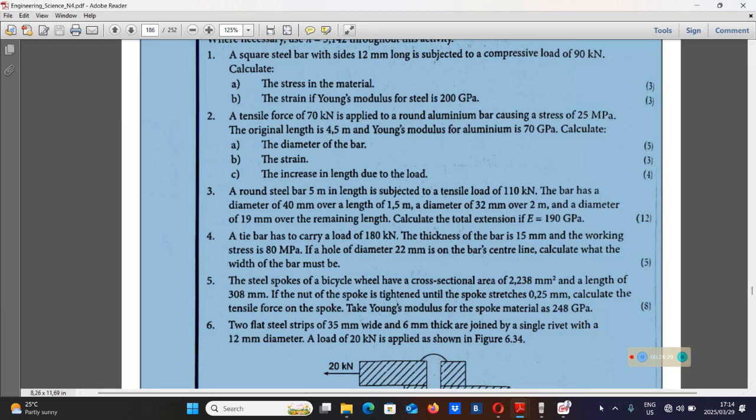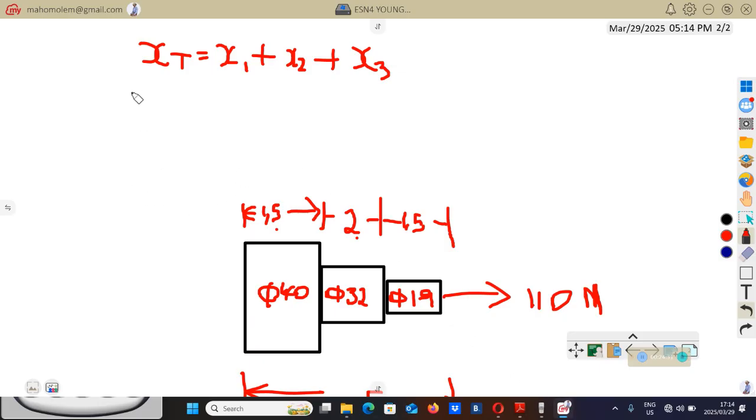All right. So x1 will be equals to F1 L1 over area 1 E1, plus a very similar formula for x2 and x3.